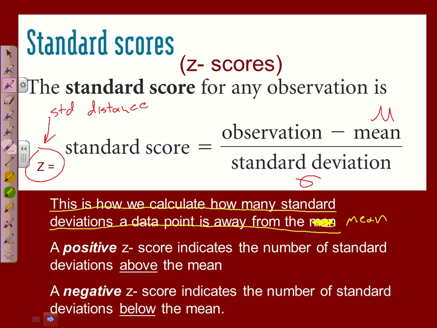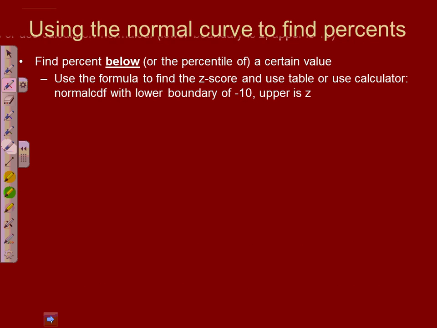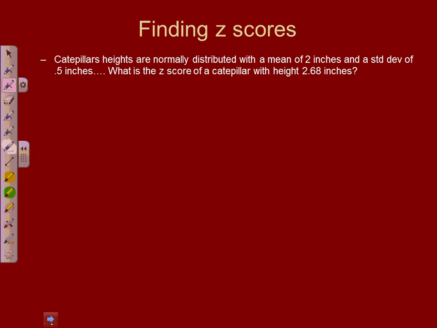Okay, let's do a couple calculations to find some standard deviation distances. Caterpillars' heights are normally distributed with a mean of 2 inches and a standard deviation of 0.5 inches. What is the z-score of a caterpillar with a height of 2.68 inches? What that question is asking is how far away is that caterpillar's height compared to the mean in terms of standard deviations?